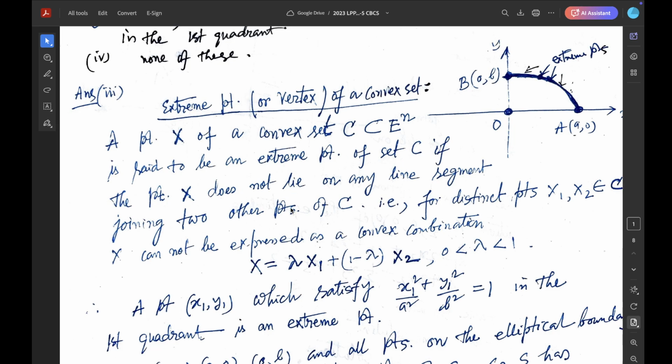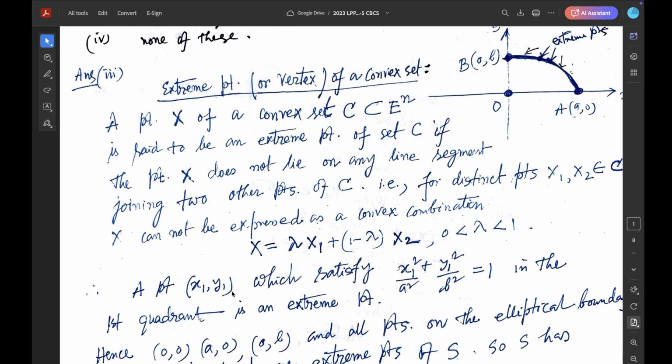And this is the definition of an extreme point. So if this point is an extreme point, we cannot draw any line segment with two other points of this set.